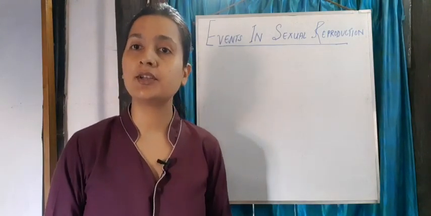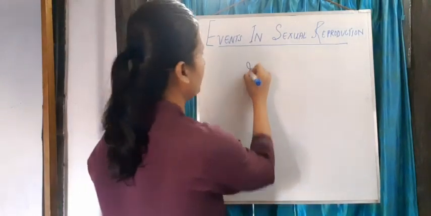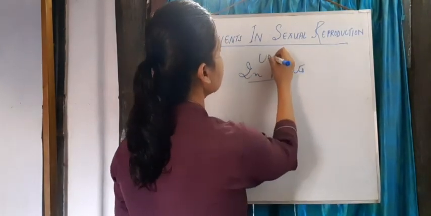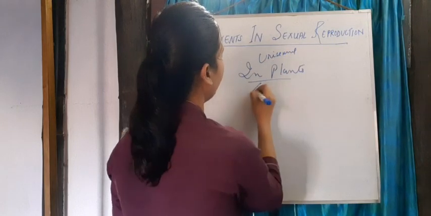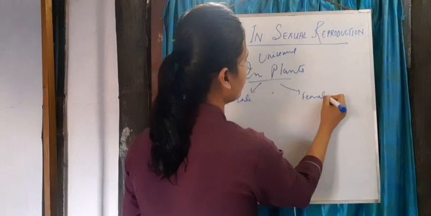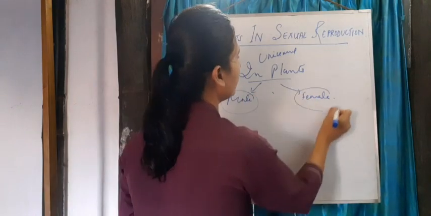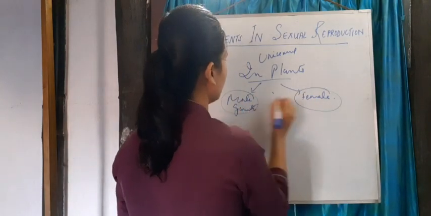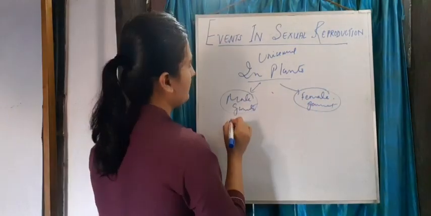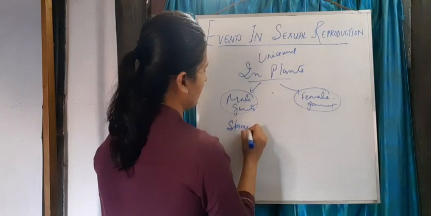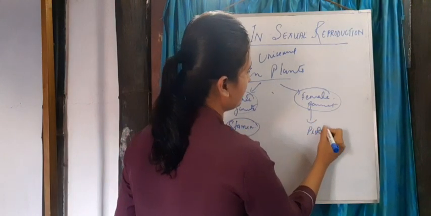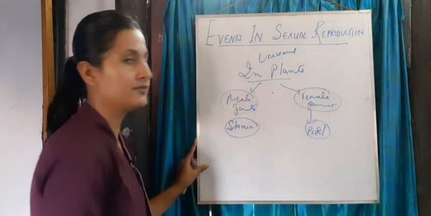One more thing I would like to mention here, that in unisexual plants, where an organism has male and female separately, or those organisms which produce male gamete and female gamete separately. In plants, the male reproductive organ is stamen, and the pistil is the female reproductive organ.